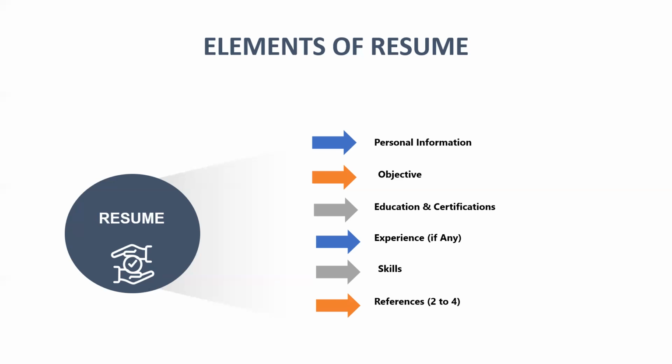And let me give you more than this. There are so many things you can add into your resume, but these 6 points are very important. That is personal info, objective, education and certifications, experiences, if any, the skills and references. Let me explain once again.